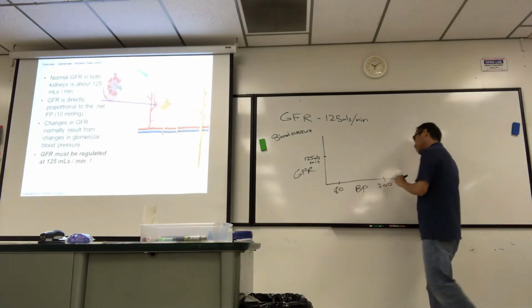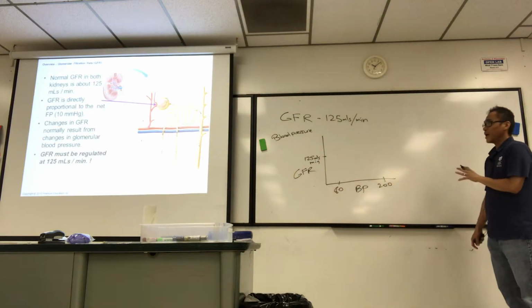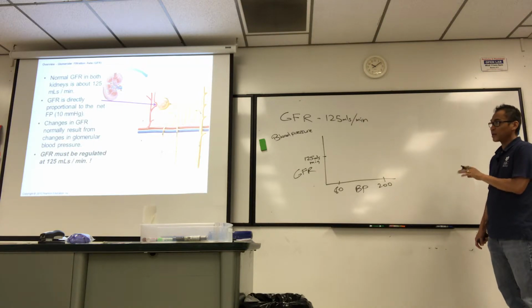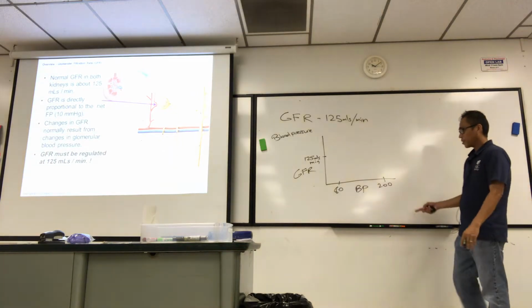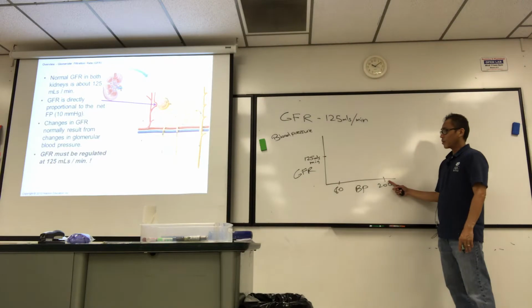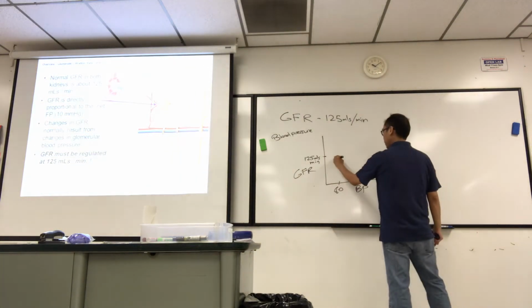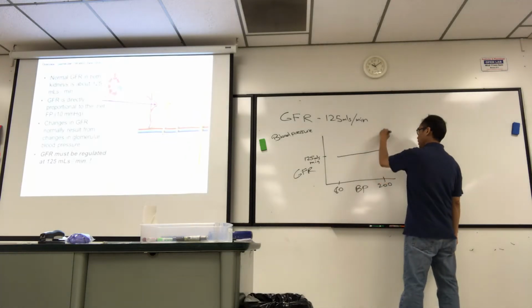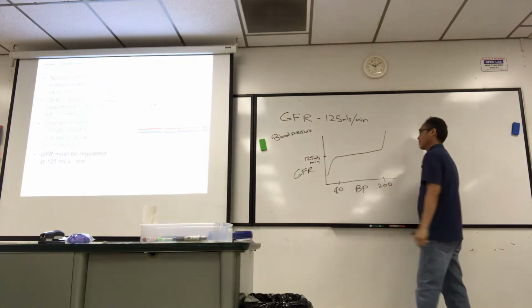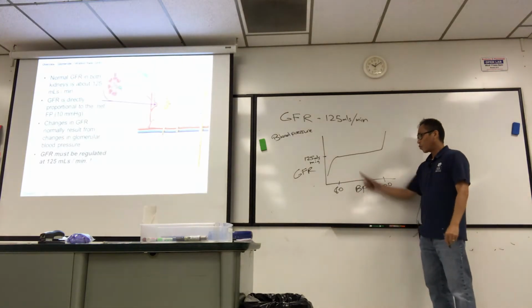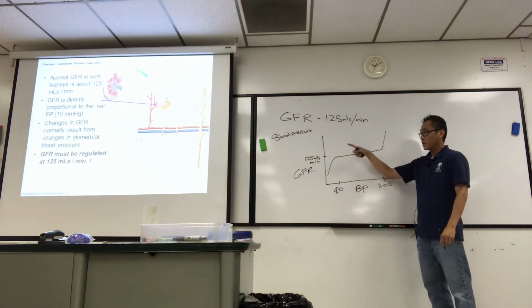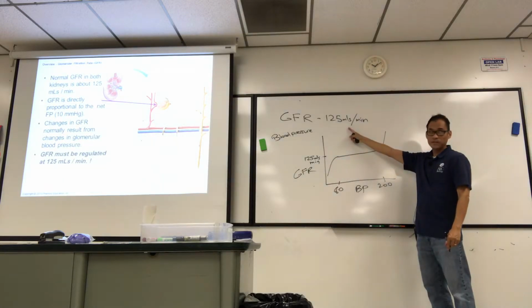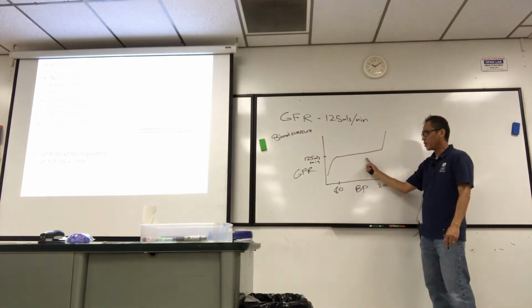What's been observed is you can vary blood pressure and you won't really see a change in GFR. The nephron is highly regulated to maintain a constant flow rate. You would expect that if blood pressure gets really high, GFR would get really high, but it really doesn't. What you see is a very gentle increase. Within a wide range of BP, the kidney keeps this constant. Okay? That's really what I want you to see from this.